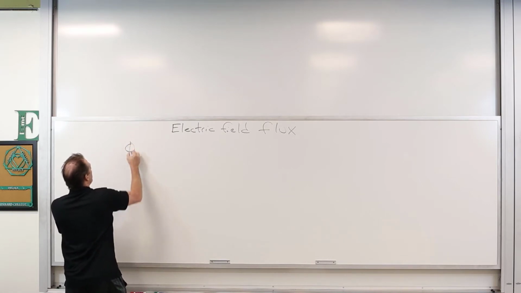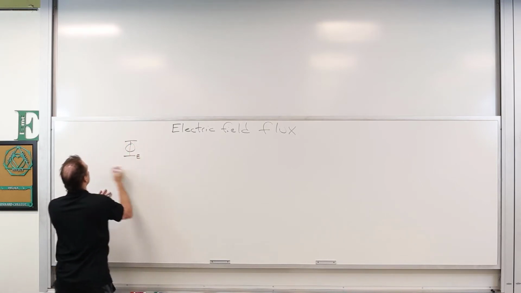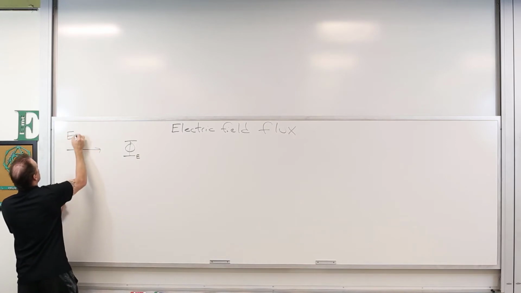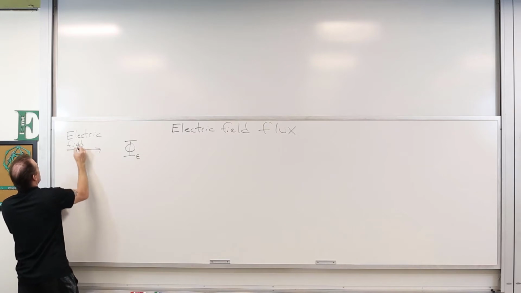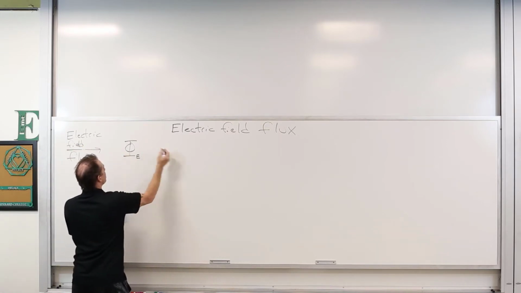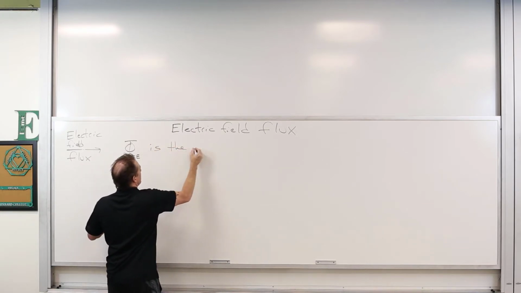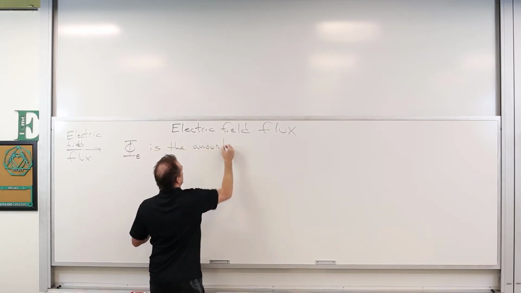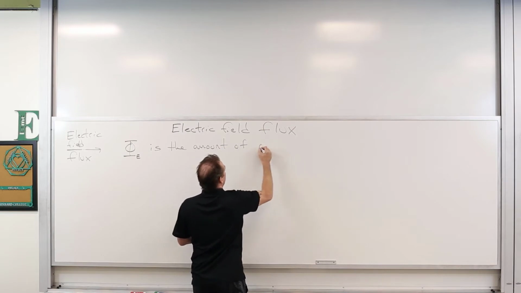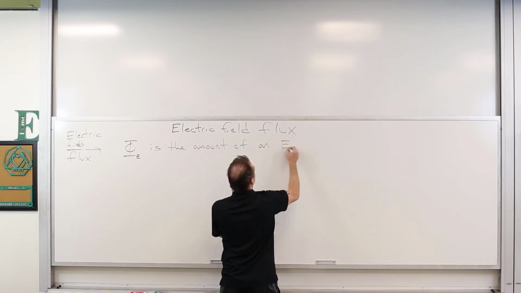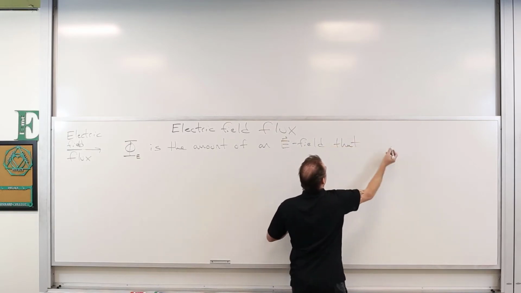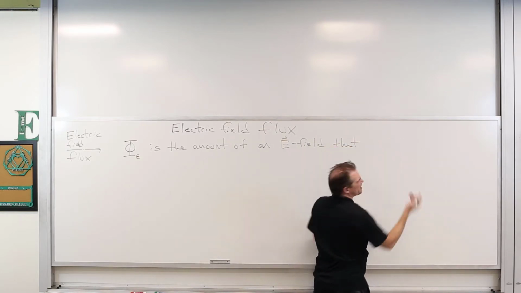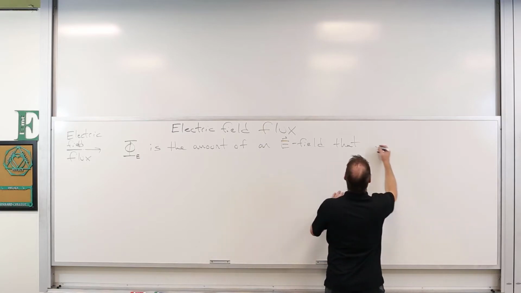Flux we'll call phi sub E. This is electric field flux. Capital Phi sub E is the amount of an electric field that penetrates through some area of cross-section.